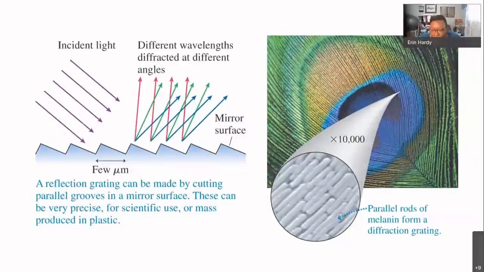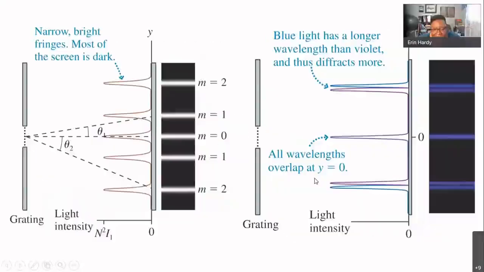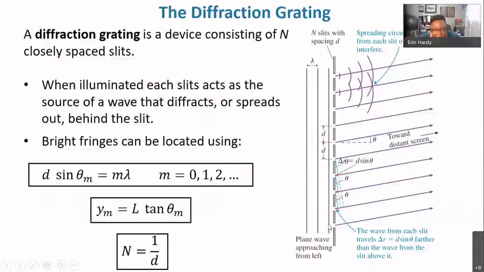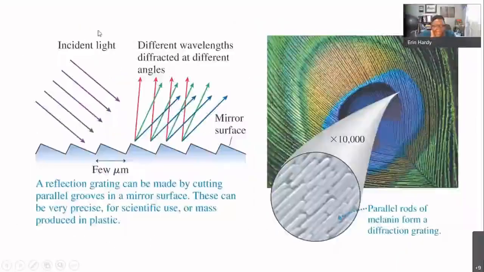So when light interacts with these melanin rods, the result is not all that different from what happens when light interacts with a manufactured diffraction grating made out of glass or film or whatever.